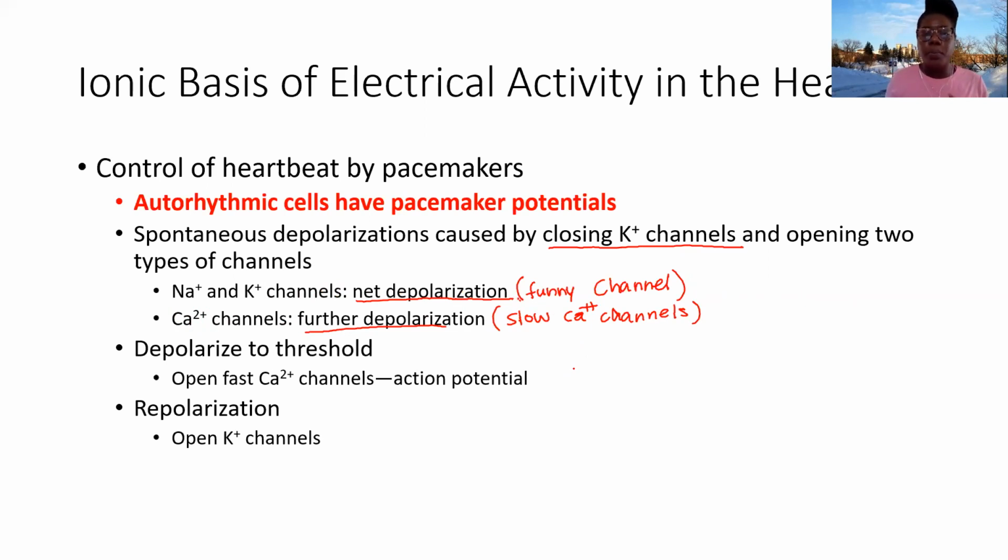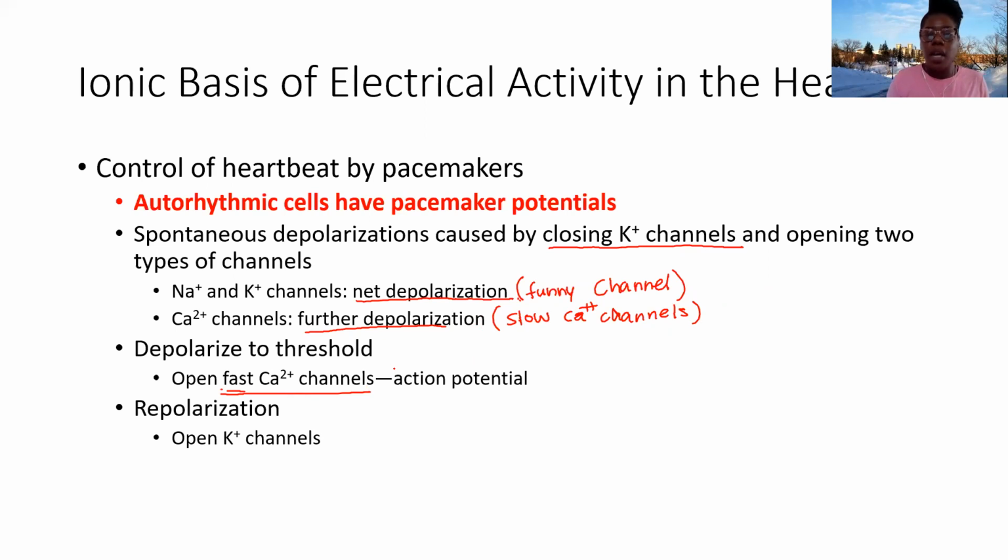When we get to threshold, because of these two initial events, we then open up fast calcium channels. And these fast calcium channels are what are going to actually give us that rapid spontaneous upward stroke, very similar to what we saw sodium do in a neuron. We see that rapid upstroke in the membrane potential, which is the action potential.